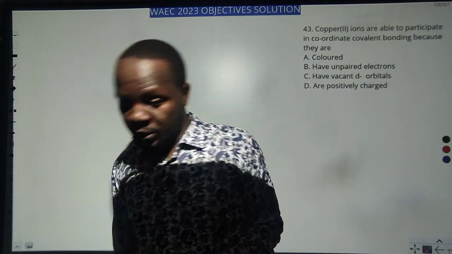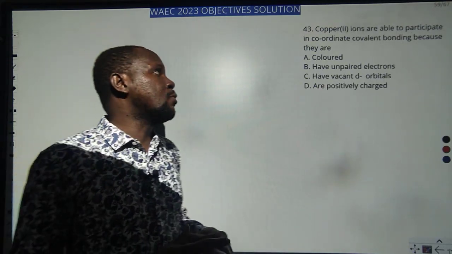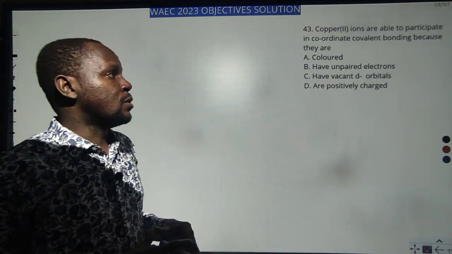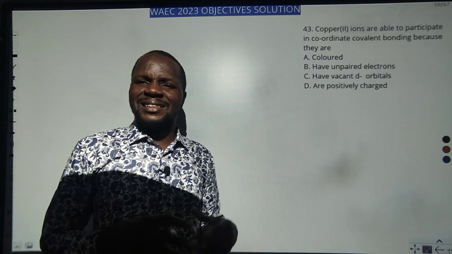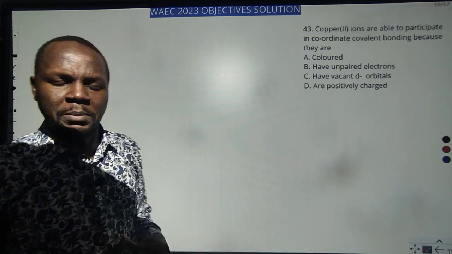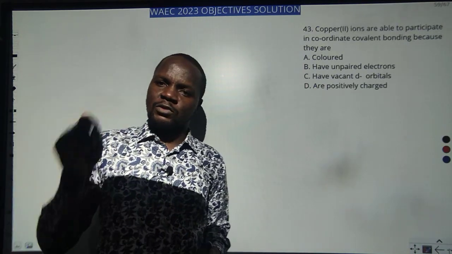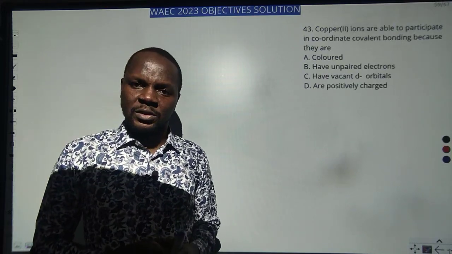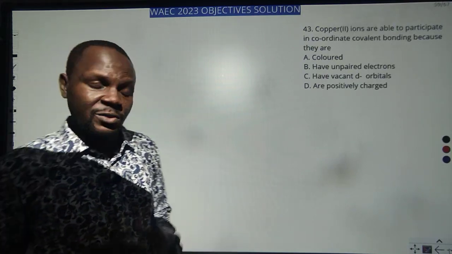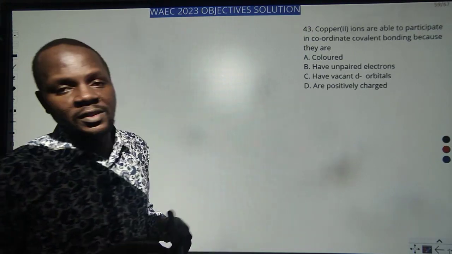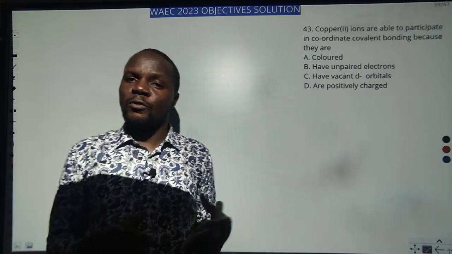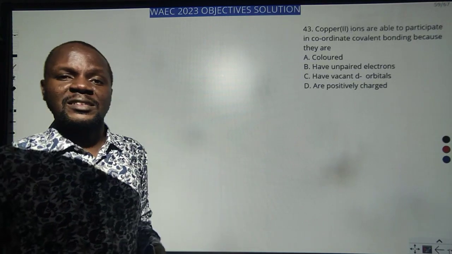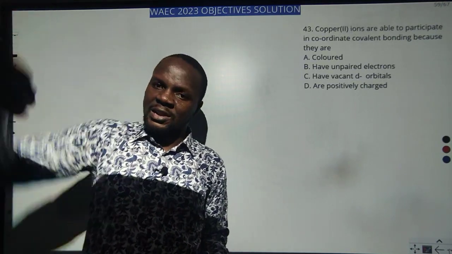This one says copper 2 ions. Copper 2 ions are able to participate in coordinate covalent bonding. Anything that involves coordinate covalent bonding, you remember that only one atom, only one element is donating. Only one donor, coordinate covalent. The concept of covalent bonding here is that there must be a vacant orbital.